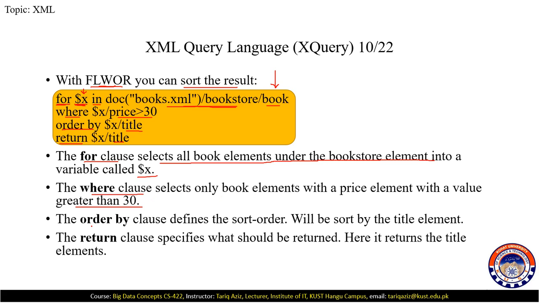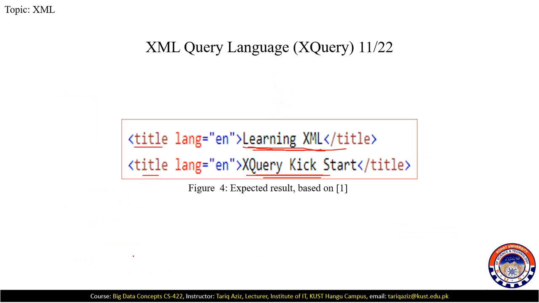And then we use the order by clause. Why? To sort the order. We want our result to be sorted in ascending order, but with respect to the title element. That's why we use this clause. And finally, we use the return clause because we want to return the result, but we want to return the result with respect to the title element. Okay, so this is the second query, and this is the expected result of this query as we discussed.